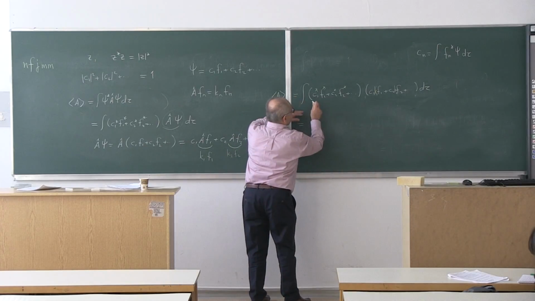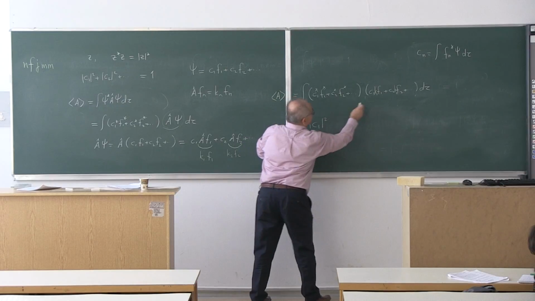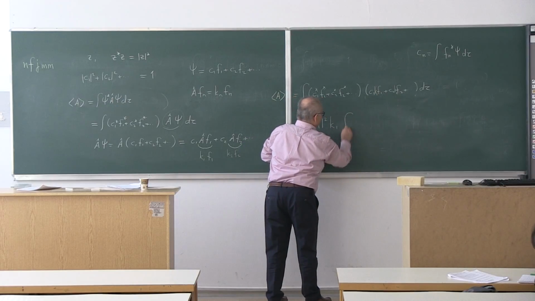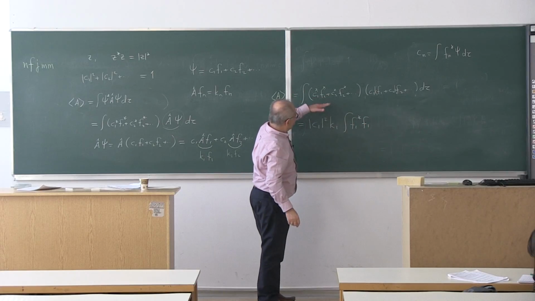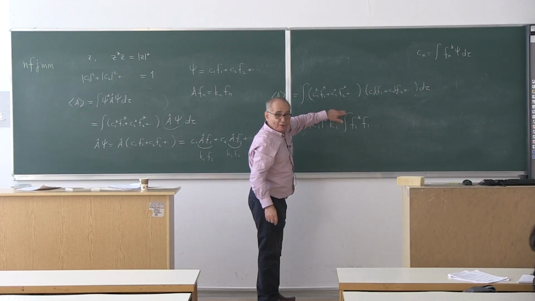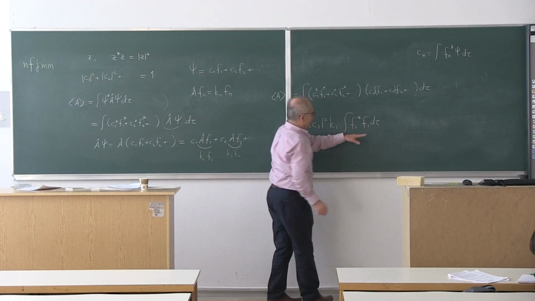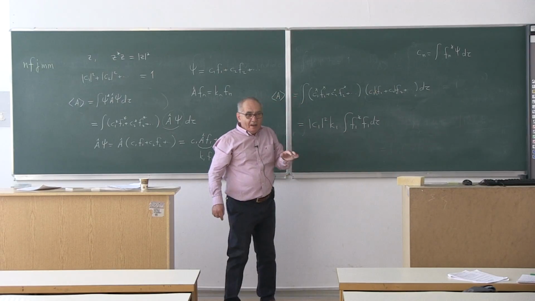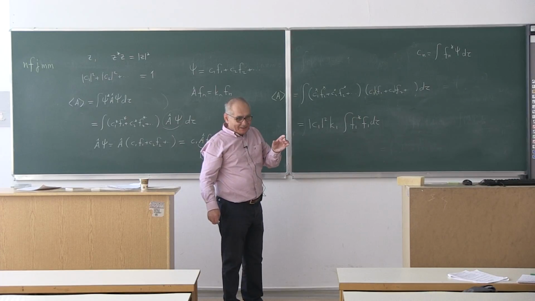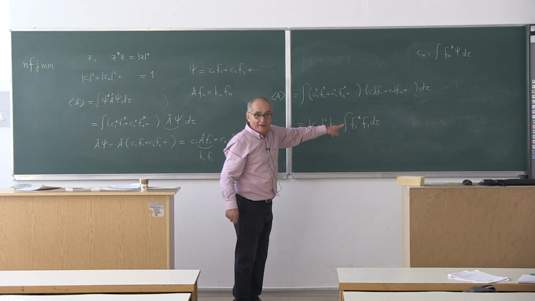So here, C1 star times C1, by definition, is C1 squared. There is a K1 here, and this integral, when we expand this, is the first term. But what is the value of this integral? It is the normalization integral, isn't it? And we are told that all these eigenfunctions are normalized. Therefore, all such integrals will be 1.